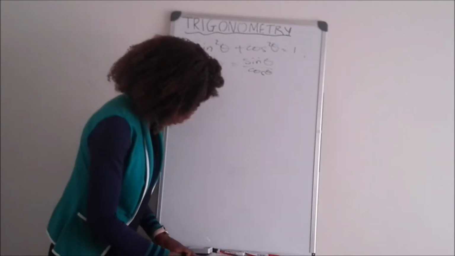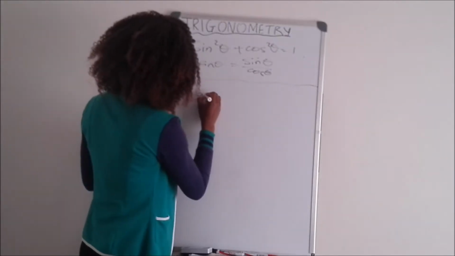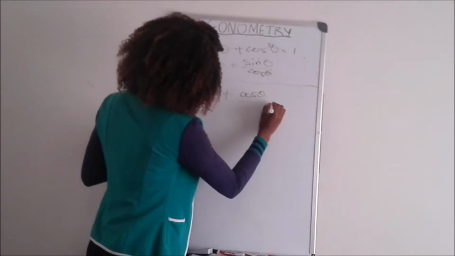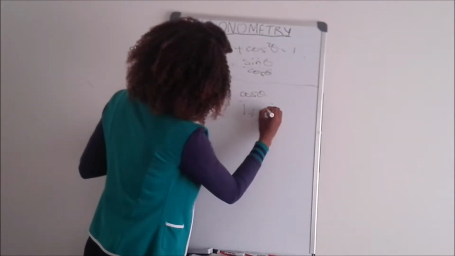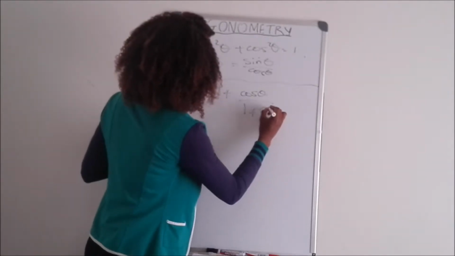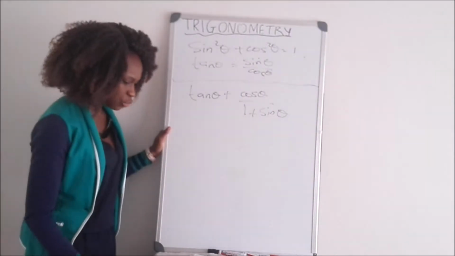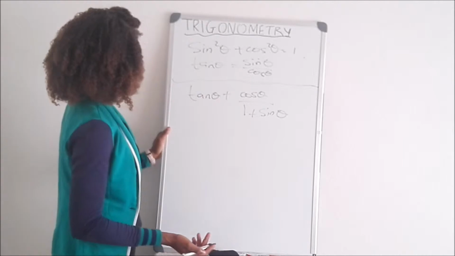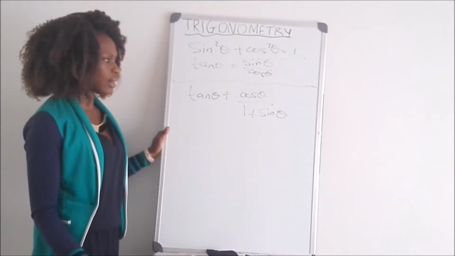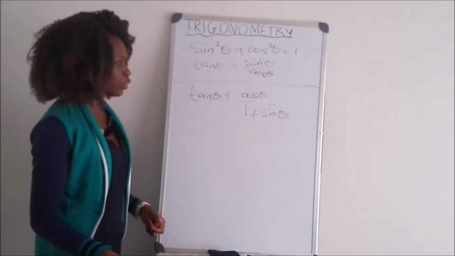The question says we must simplify tan theta plus cos theta divided by 1 plus sine theta into a single trigonometric ratio. That means our answer should have only cos, only tan or only sine. From here we know that tan theta is equal to sine theta divided by cos theta.